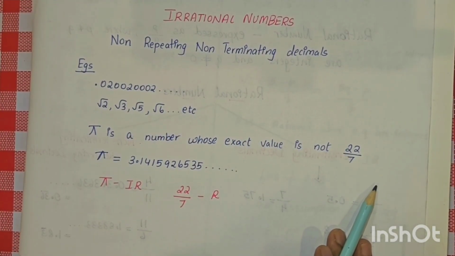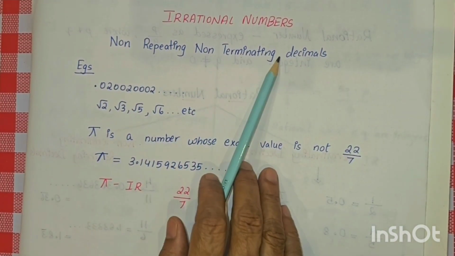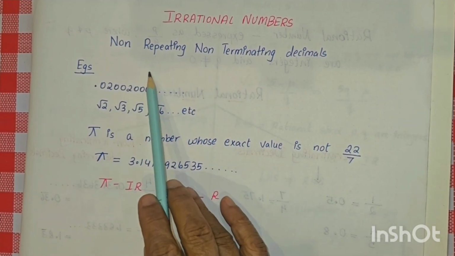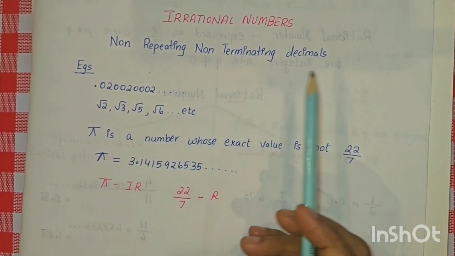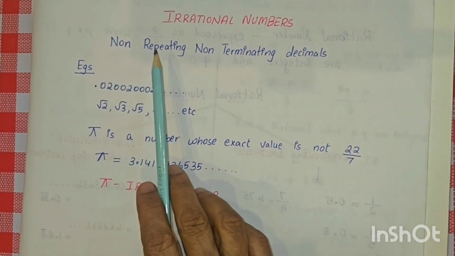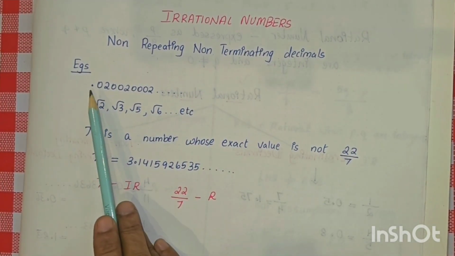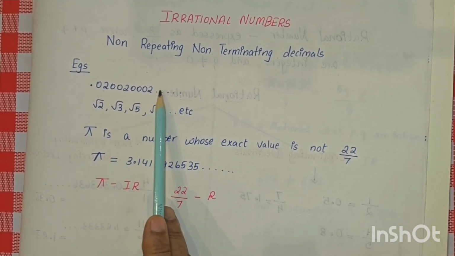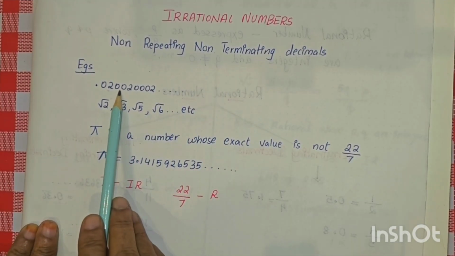Now comes the irrational numbers. Irrational numbers are non-repeating and non-terminating decimals. In rational numbers you had terminating ones and non-terminating but recurring ones. But here it is non-repeating and non-terminating. For example, 0.020020002, etc. Here it keeps going and there is no pattern.